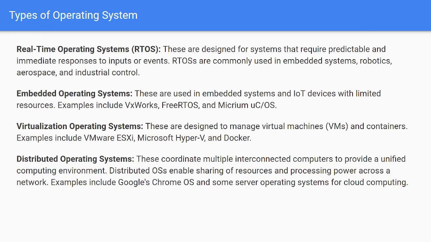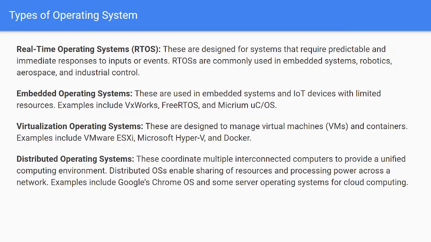Other types of operating systems include the real-time operating system. These are designed for systems that require predictable and immediate response to inputs or events. They can be used in embedded systems, in robotics, in aerospace and industrial control.